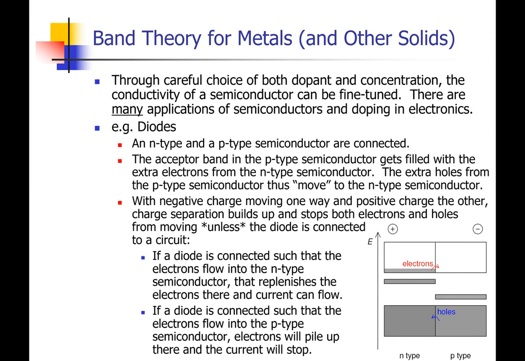A diode is essentially a p-n junction. So in other words, you take a p-type semiconductor and an n-type semiconductor and you put them right next to each other.